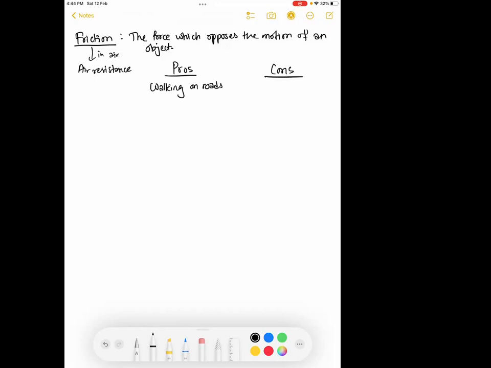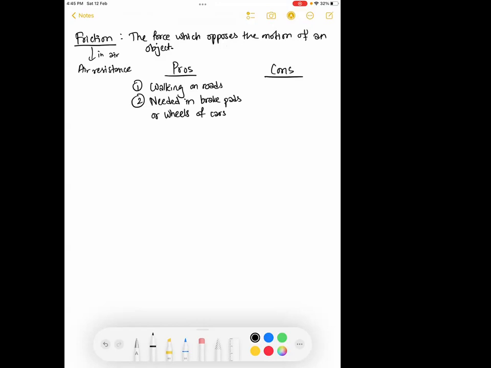Friction is also needed in brake pads and wheels of cars and bicycles. That's it. Actually, there are no more pros.